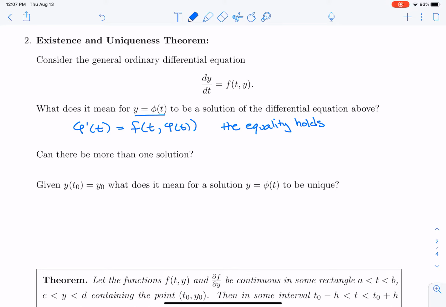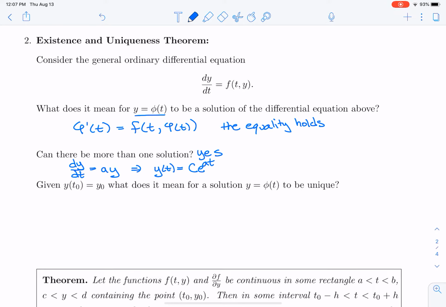The question is, can there be more than one solution? So if phi(t) is a solution, can there be more than one? Well, yes, we've seen this in the past. We've seen that dy/dt, if it equals, say, a times y, well then y(t) as a solution has the form c e to the at.